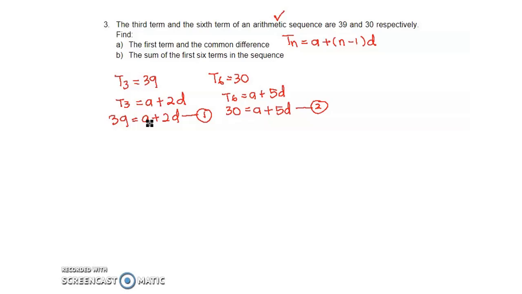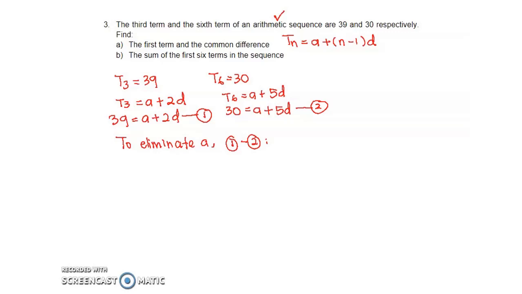If you want to use the method of substitution, also no problem. Substitution means that from equation 1, for example, A equals 39 minus 2D, then you substitute into the second equation. Or if you want to use the method of elimination, also no problem. Let's say I use the method of elimination to eliminate A: equation 1 minus equation 2.